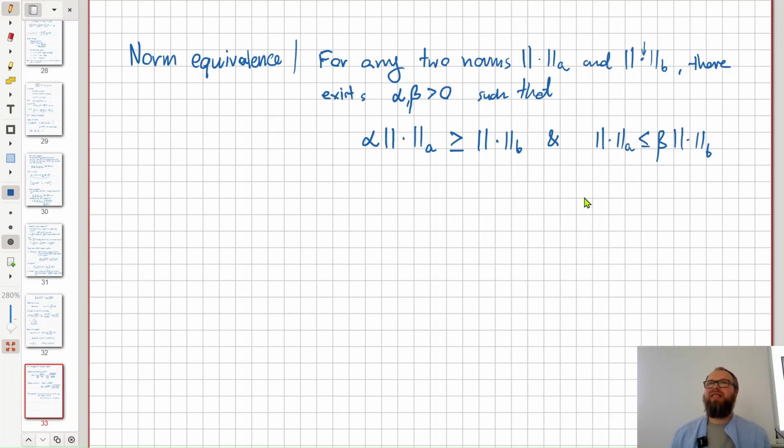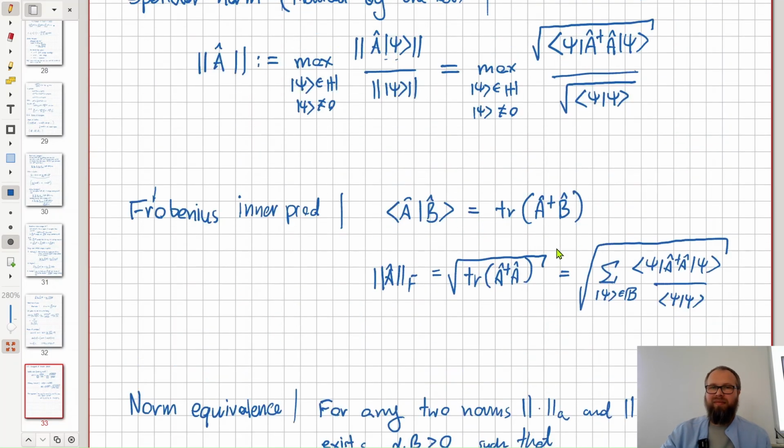Question: is this norm equivalence for different norms, or for a given vector space, a given Hilbert space? Because, for example, in the previous two norms, the Hilbert space for the Frobenius norm was of operators.